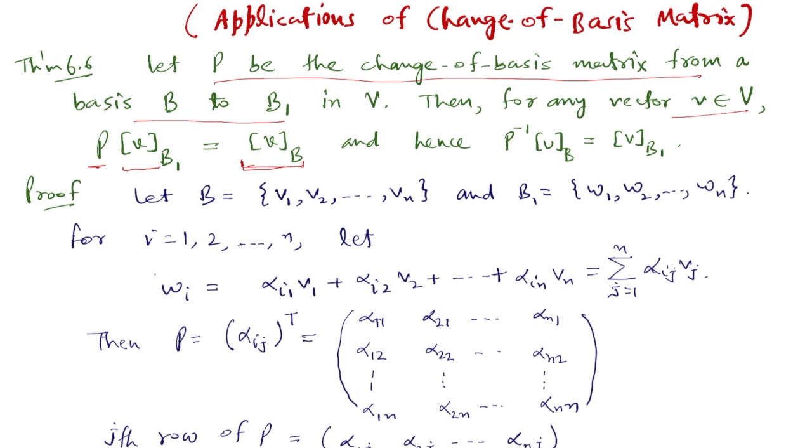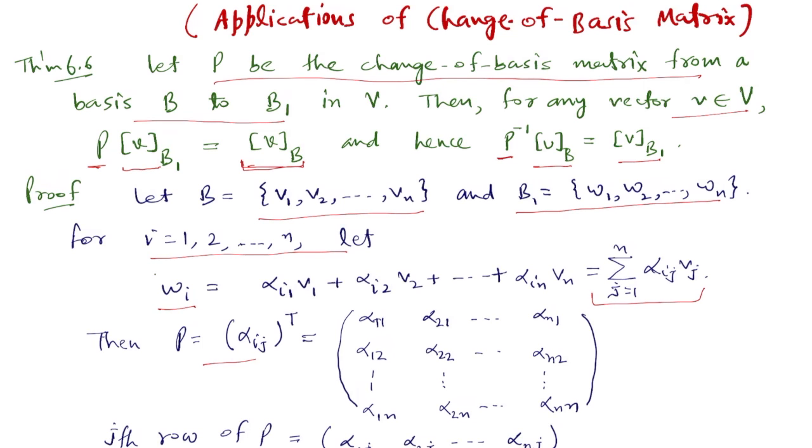And if we pre-multiply the matrix of V with respect to the old basis by P inverse, then we get the matrix of V with respect to the new basis. So let B equal to V1, V2, ..., Vn be the old basis, and B1 is the new basis. For i equal to 1 to n, let Wi be equal to the summation of alpha ij Vj.